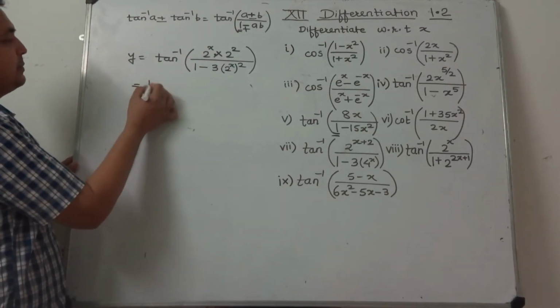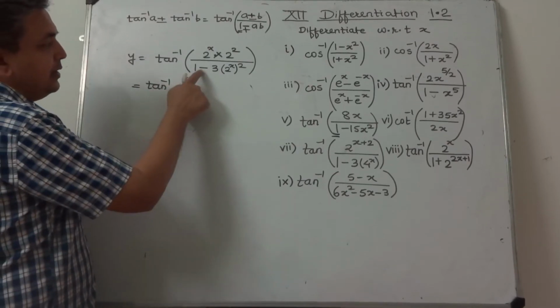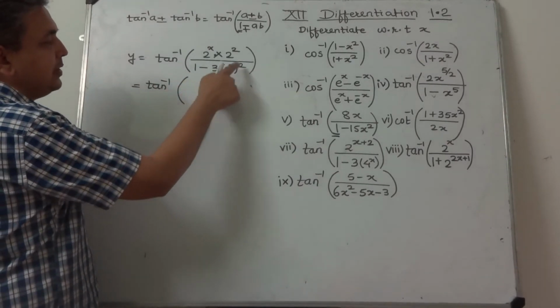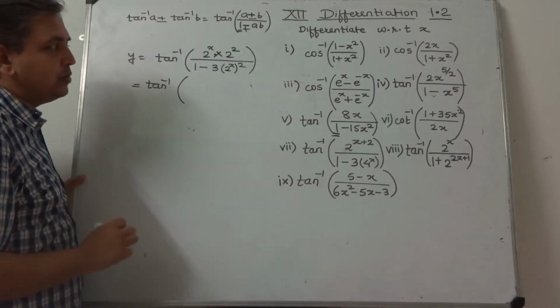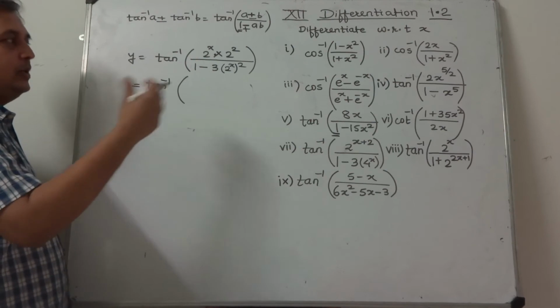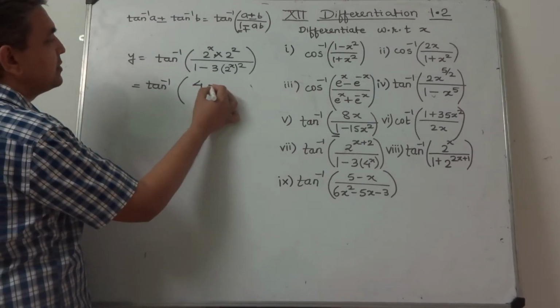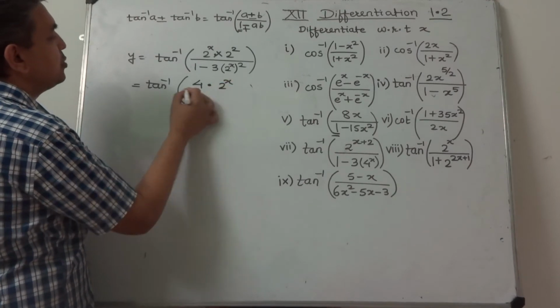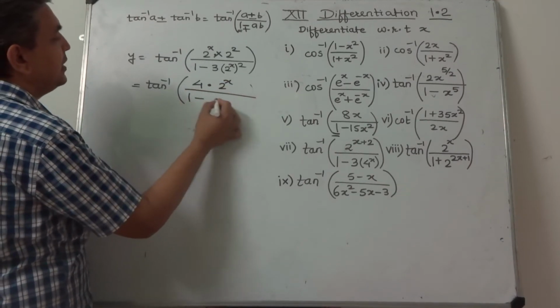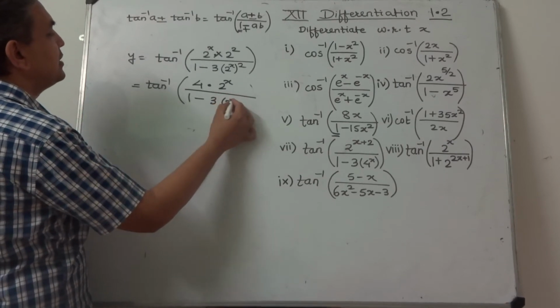Now check again, this becomes tan inverse. This is 1 minus 3 times something square. We may have to use the substitutions, or that we can do in the last step. Let us see what we can solve. We can write this as 4 times 2 raised to x, 1 minus 3 times 2 raised to x square.